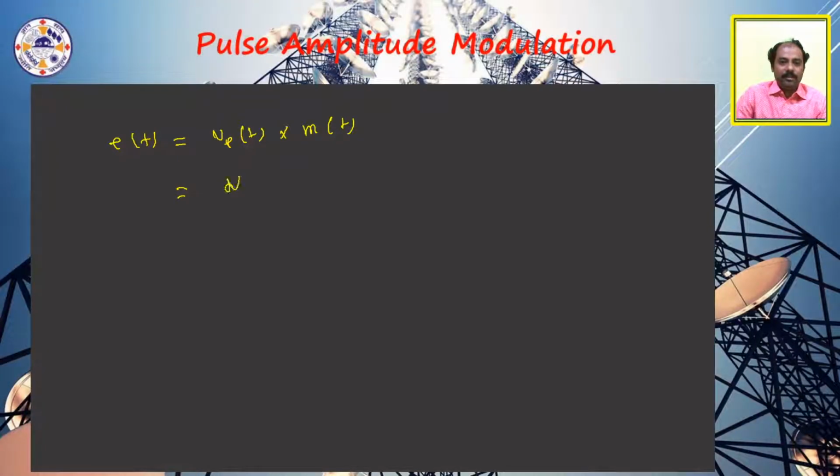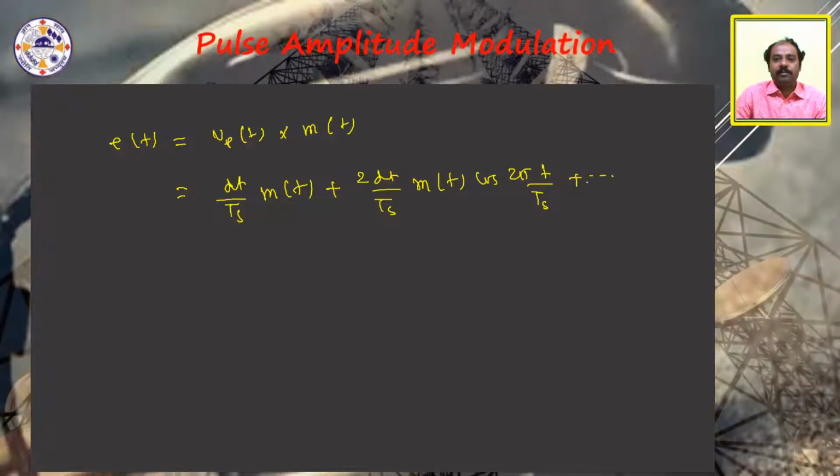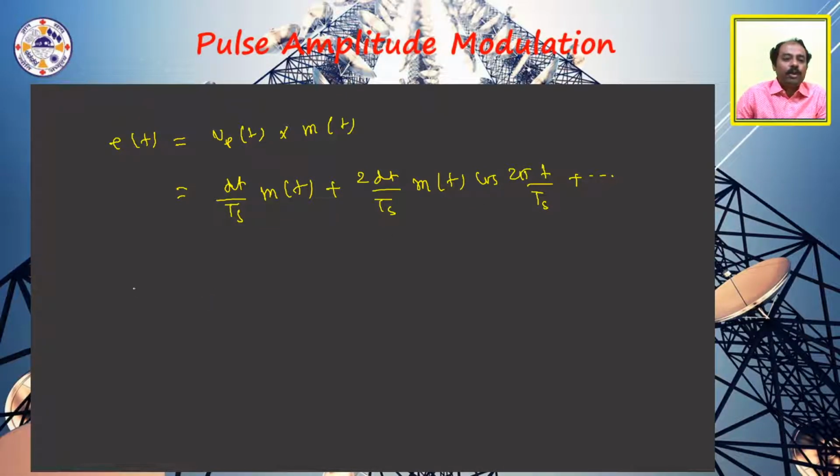So what would be the modulated wave? e(t) is equal to Vp(t) into m(t), that is equal to dt by ts into m(t), plus 2 dt by ts into m(t) into cos 2 pi t by ts, etc. So what would be the graphical form of e(t)?